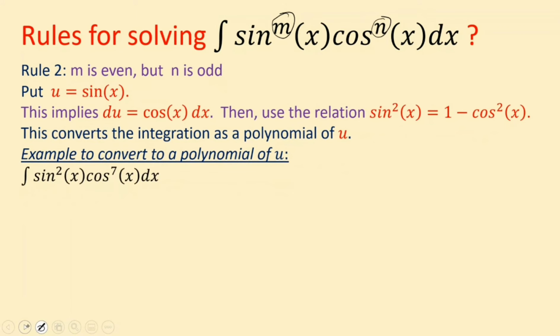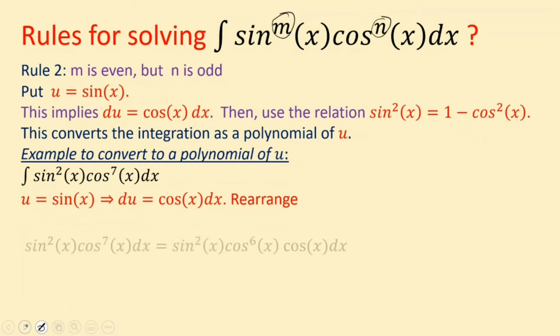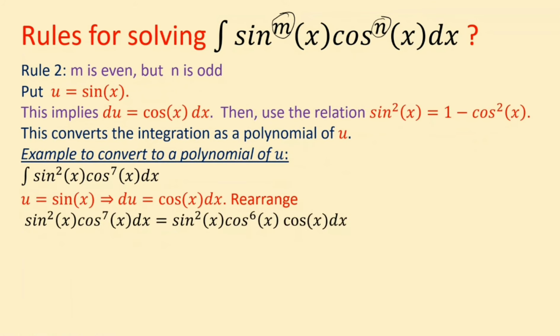Sin squared x cosine to the power 7 x dx. If you substitute u equals sin x and rearrange the terms, sin squared x cosine to the power 7 x dx can be written like this as our requirement.